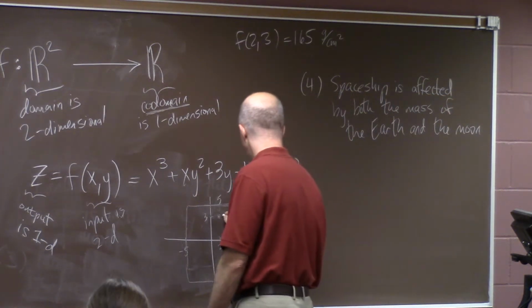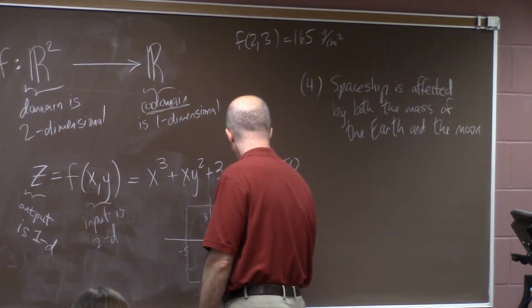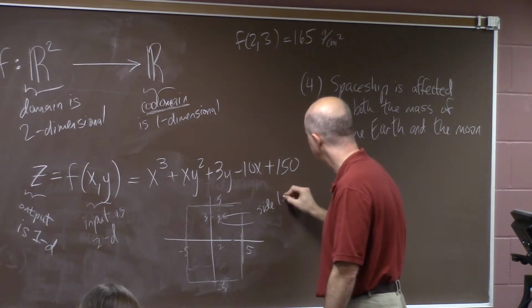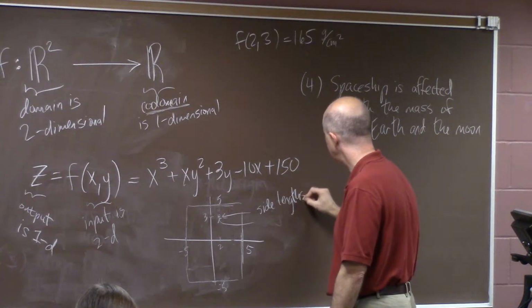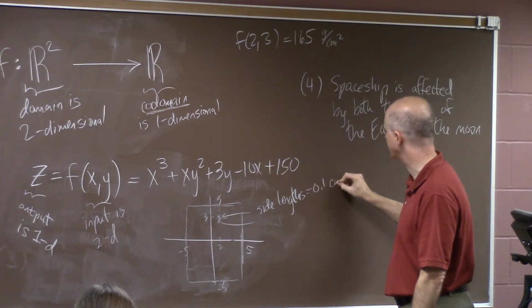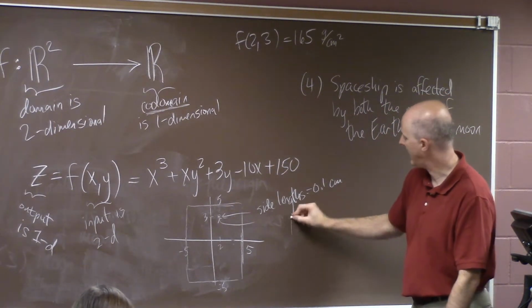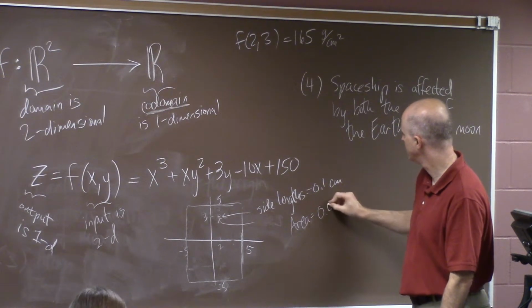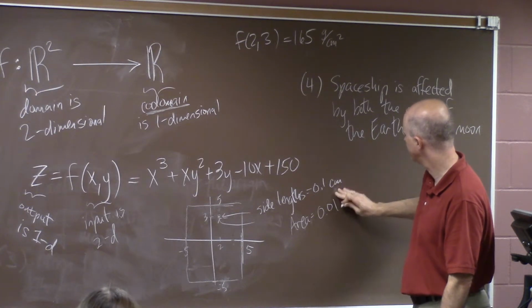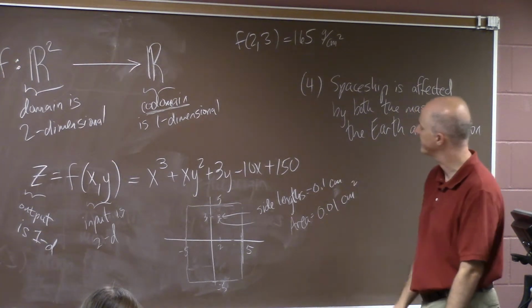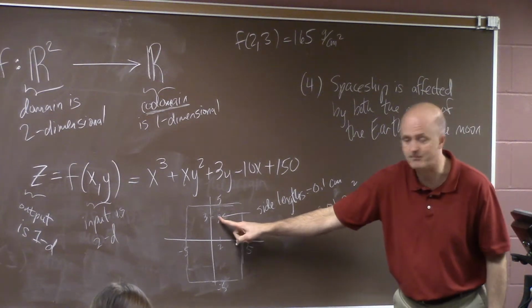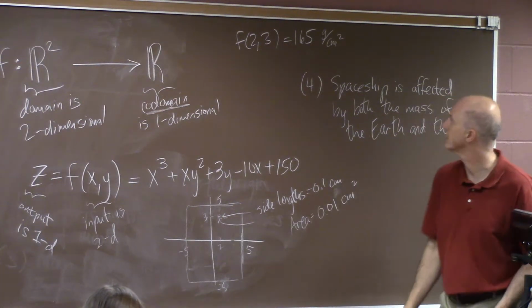So for example, if the square you cut out has side lengths equal to 0.1 centimeters, so that the area is 0.01 square centimeters, you multiply that times 165, you'll get an approximation of the mass of that little chunk there.